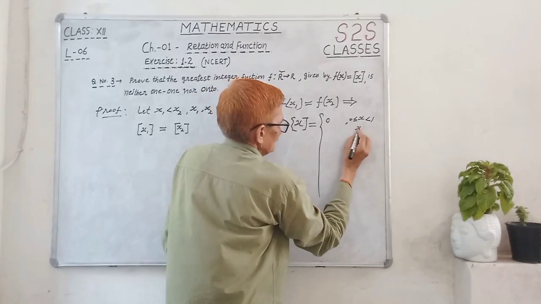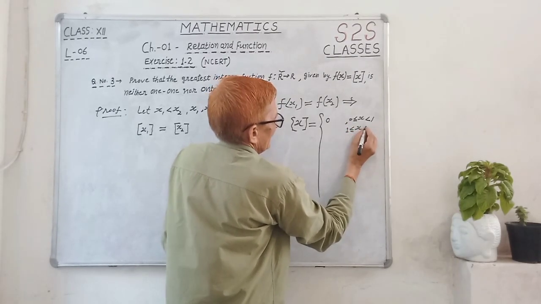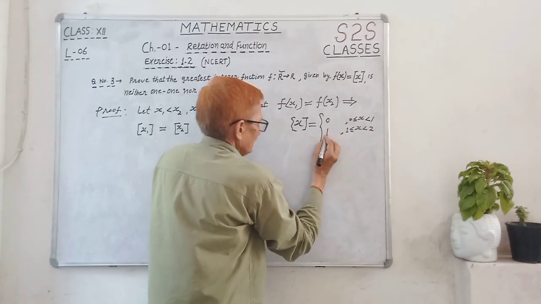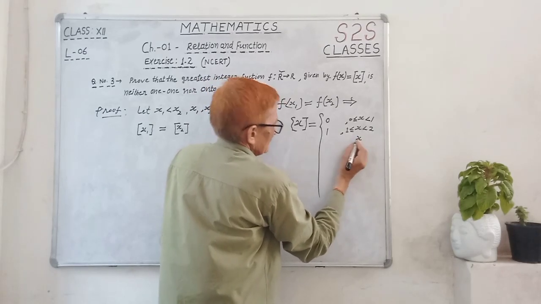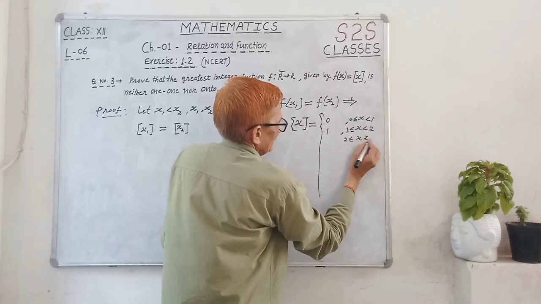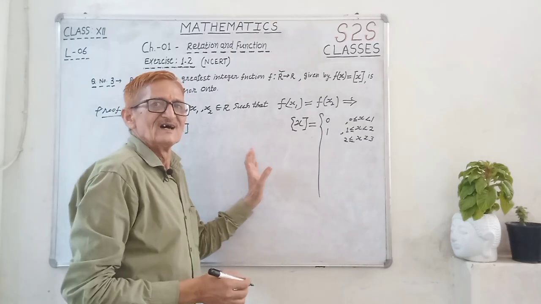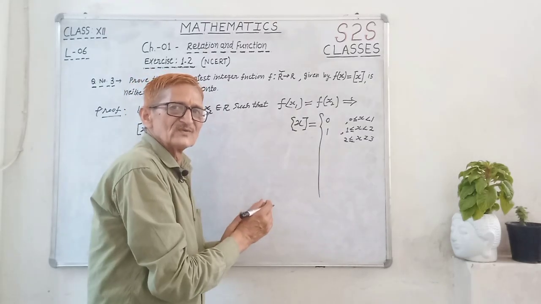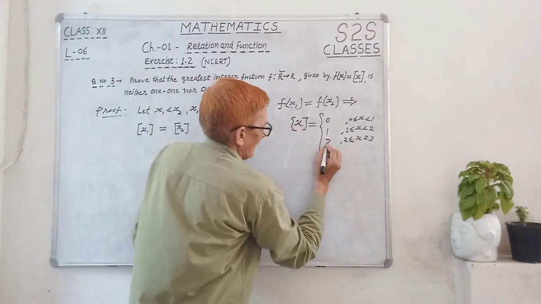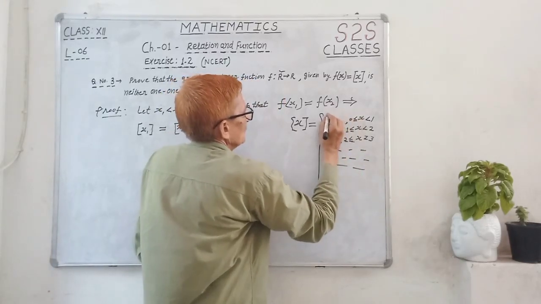If x is greater than or equal to 1 and less than 2, then the value is 1. If x is greater than or equal to 2 and less than 3, so between two nearest integers, the lowest integer is the value of the greatest integer of that number. So the greatest integer of x is defined like this, as we have done in plus 1, and so on upward also.